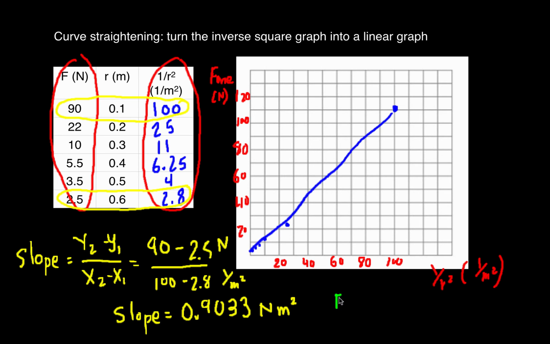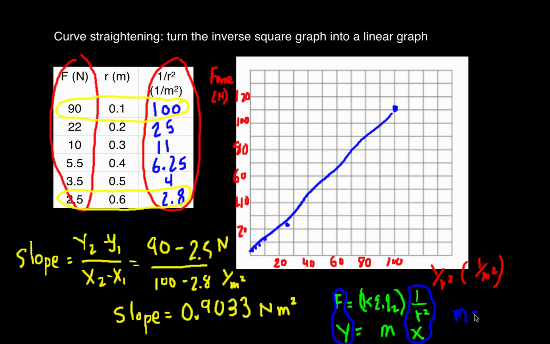Since the formula for Coulomb's law is F equals k q1 q2 divided by r squared, which is the same as multiplying by 1 over r squared, we can compare this to the slope-intercept formula, y equals mx, where we note that we plotted F on the y-axis, so they line up, and we plotted 1 over r squared on the x-axis, so they line up.